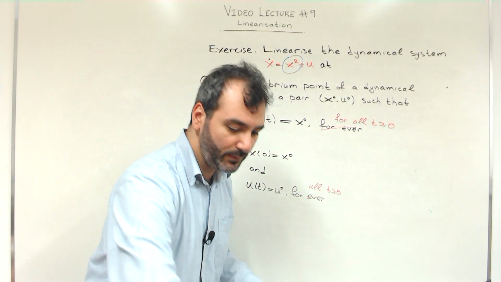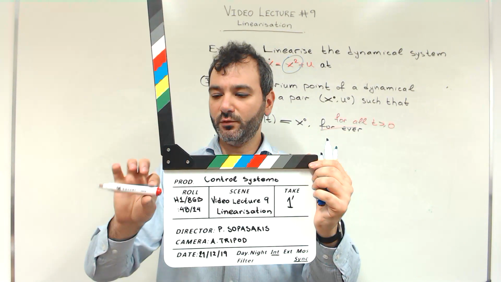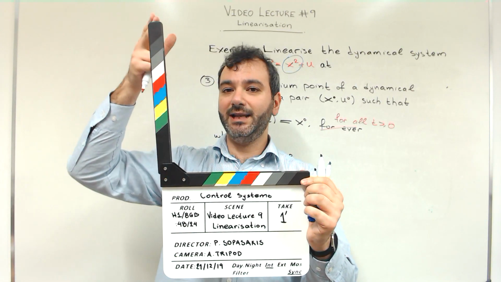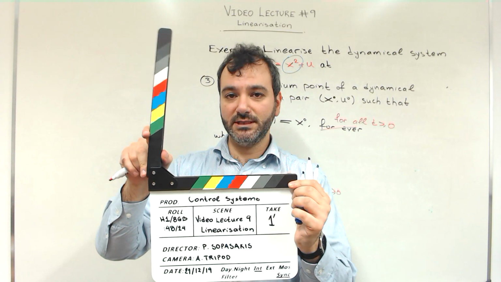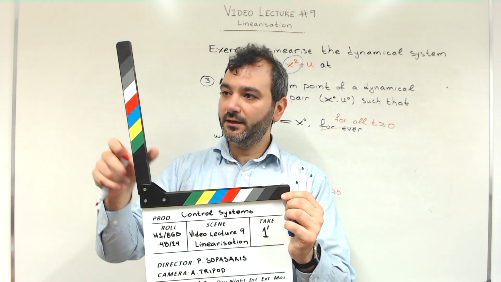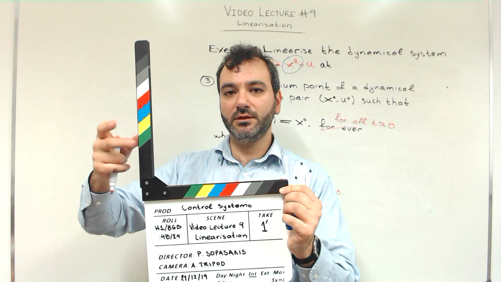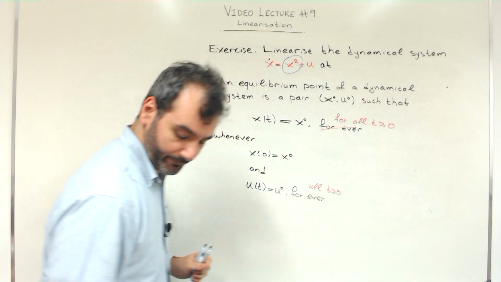So in the example of the inverted pendulum of the clapperboard, if the horizontal force is equal to 0 and the initial angle is equal to 0 and the initial angular velocity is equal to 0, this is also a state of the system, then the system will remain at that upright position forever. And this is an equilibrium point.